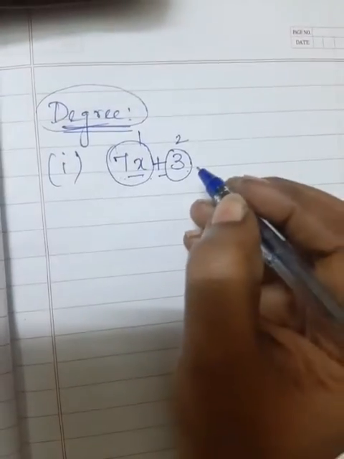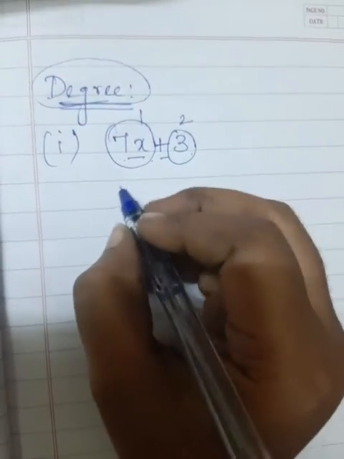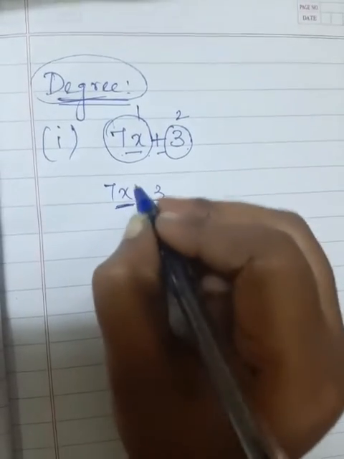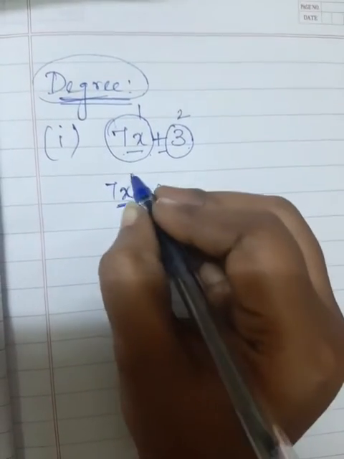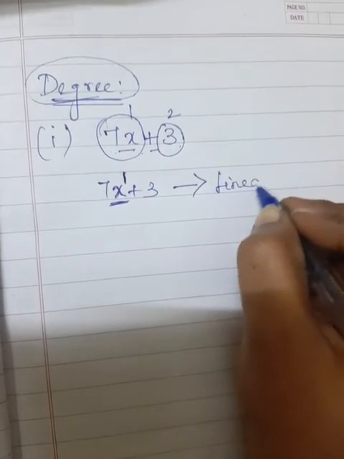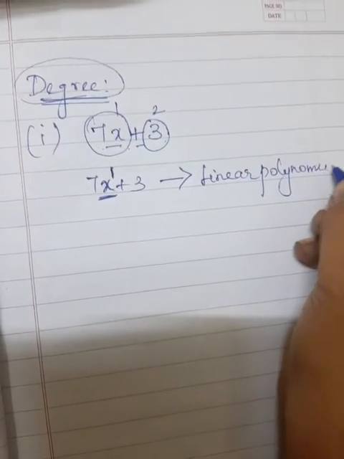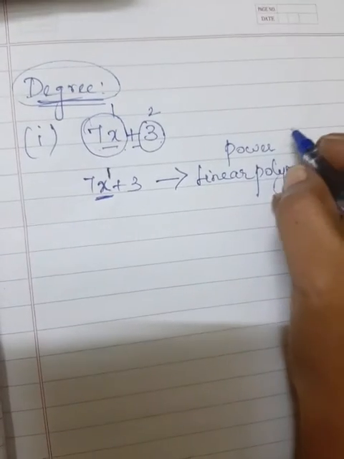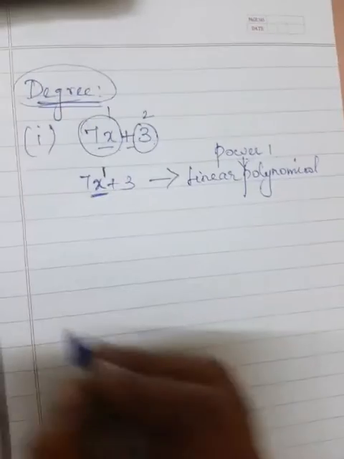Using the degree only, I am going to find out which kind of polynomial this is. In 7x plus 3, the power of the variable is 1, 7 into x, I have the power as 1. So if the highest power is 1, we can say this is a linear polynomial.